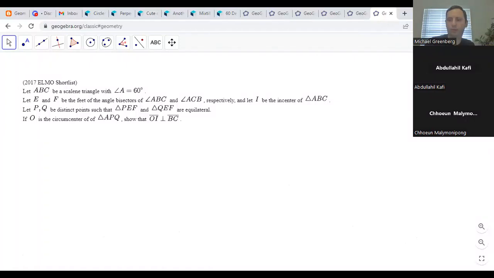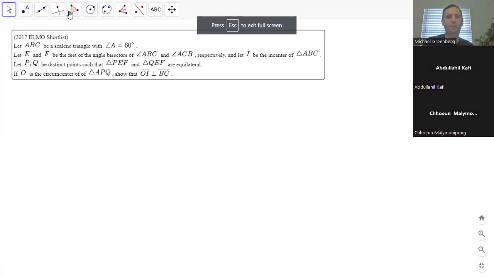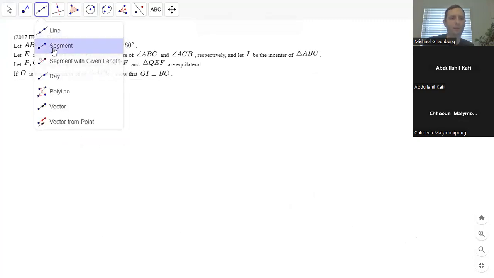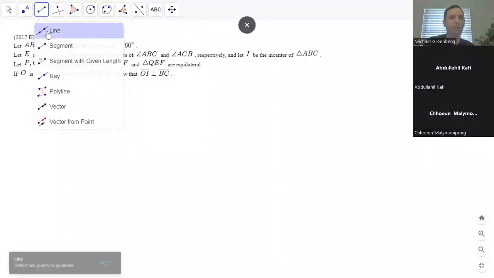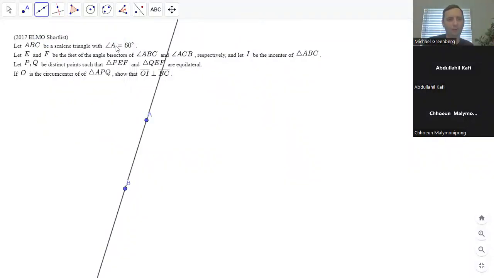So here's the last one. We could just draw it. It's like a 60-degree angle problem. And I could probably draw a tool for this later.